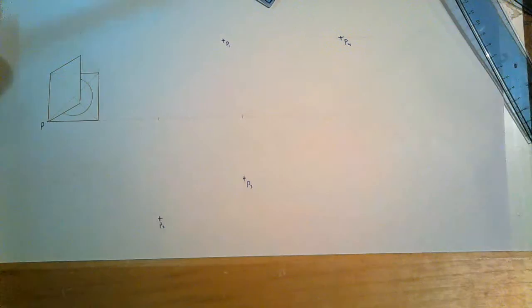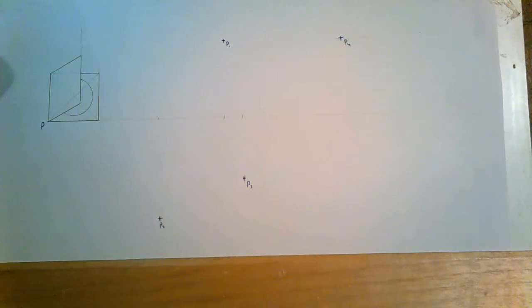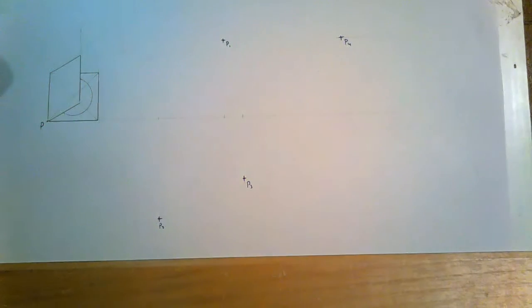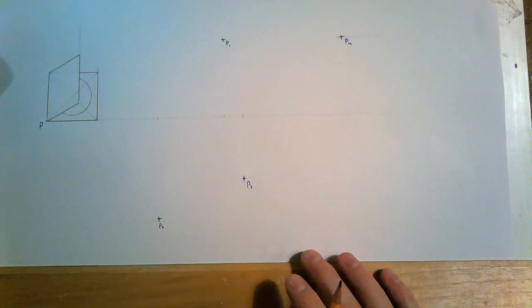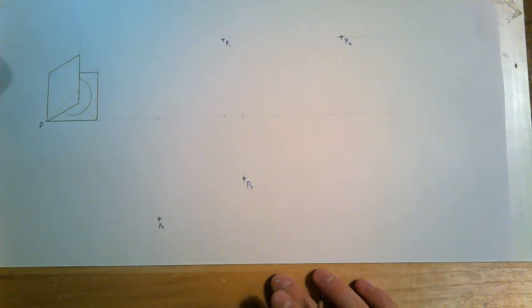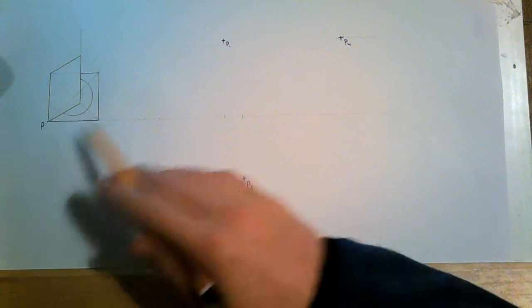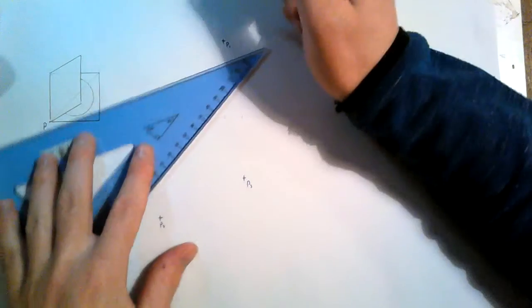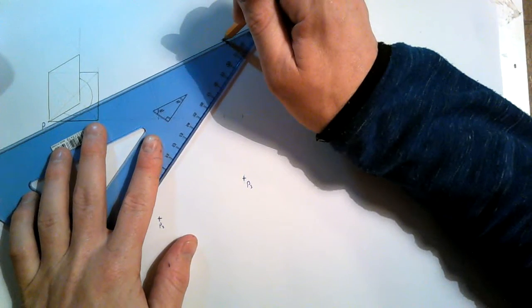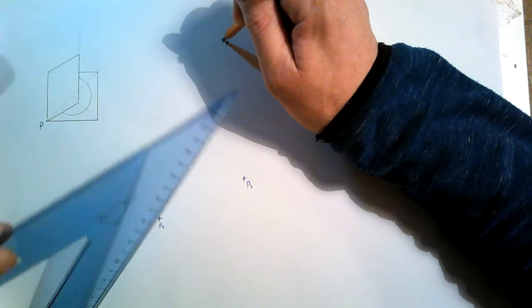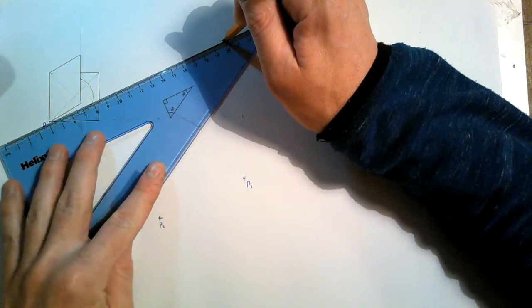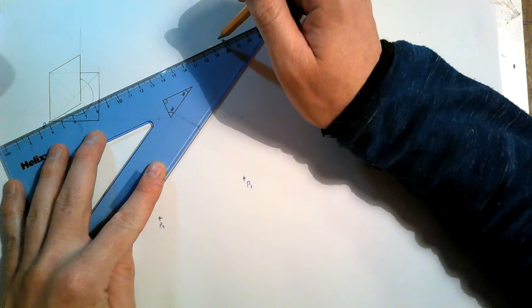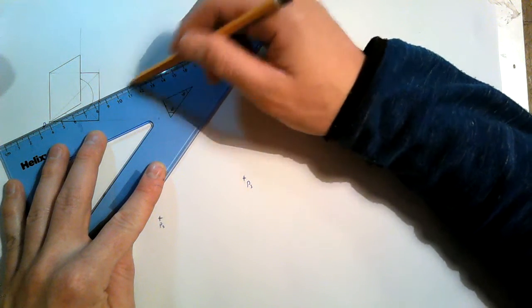Okay, so I have all my points and I have my logo. Right, so P1 was central symmetry. So we'll have P and we're going to P1 via central symmetry. Okay, so we need to get a point of symmetry, which is going to be halfway between P and P1.